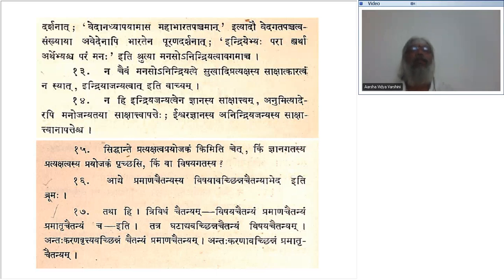Why? Because we are now raising some holes in the Nayayika's theory of knowledge. We say even inference etc. are all born from the mind only, correct? In the mind only we think about the vyapti, because we only cognize the smoke. Then we bring in the vyapti or the invariable concomitance and then say wherever there is smoke there has to be fire. So I infer fire, let us say. By seeing smoke I can infer fire.